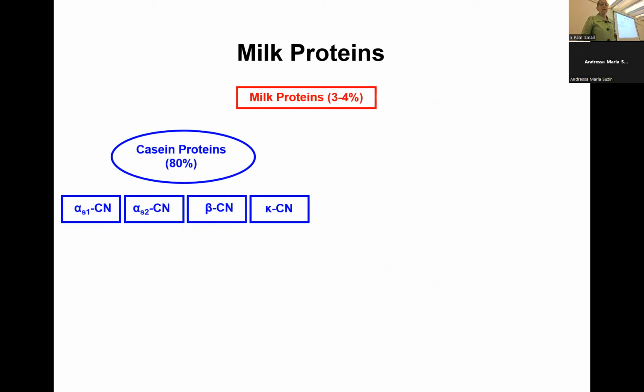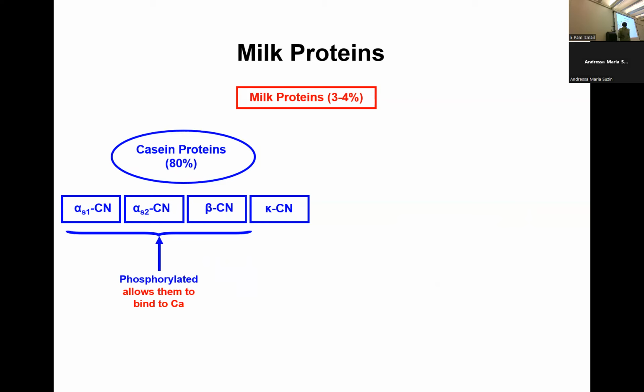So let's talk about caseins. Alpha S1, alpha S2, and beta caseins are phosphorylated. Mostly it's the serine amino acid that has an OH. That's why you learn amino acid structures. So the serine with the OH is phosphorylated, a post-translational modification.